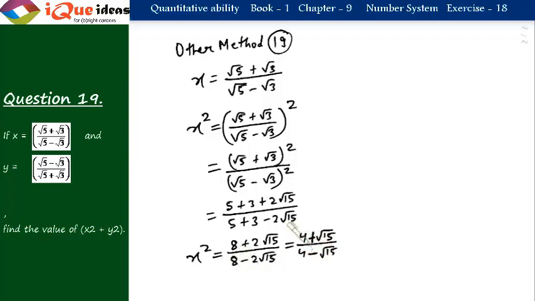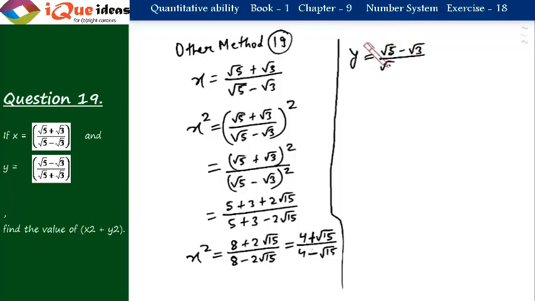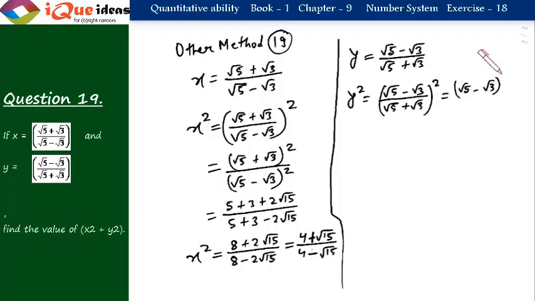Alright. Similarly, you can calculate y square because y is given as root 5 minus root 3 upon root 5 plus root 3. So you can calculate y square as root 5 minus root 3 upon root 5 plus root 3 whole square, which will come out to be root 5 minus root 3 whole square divided by root 5 plus root 3 whole square.